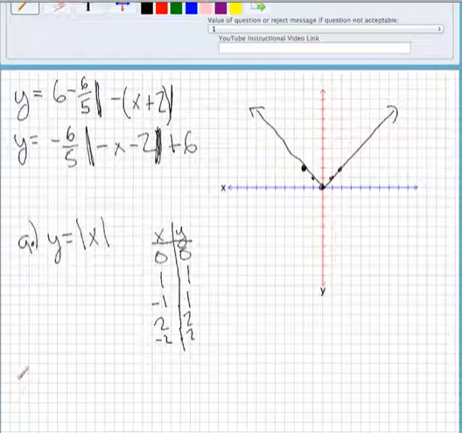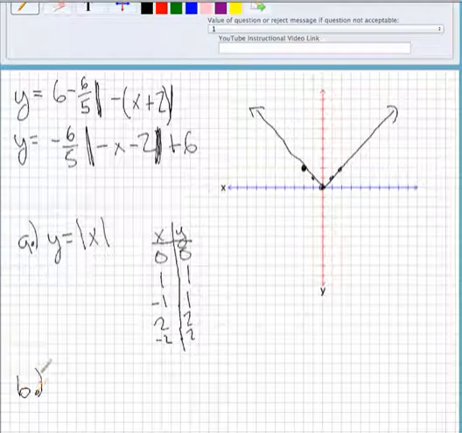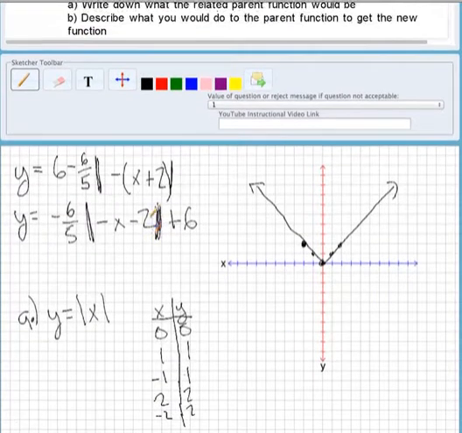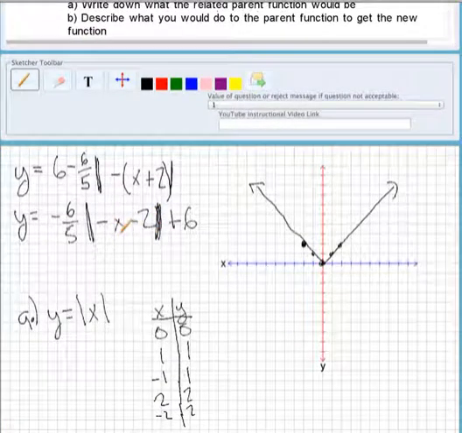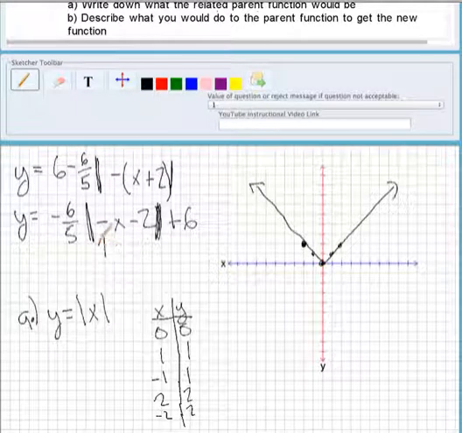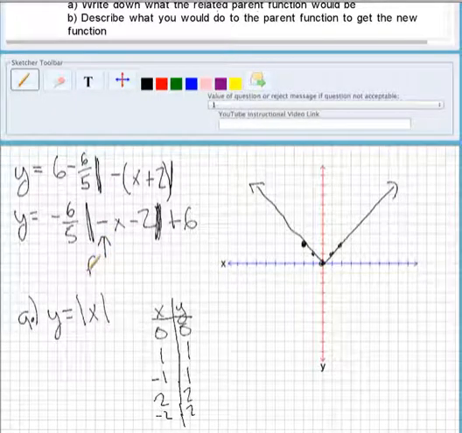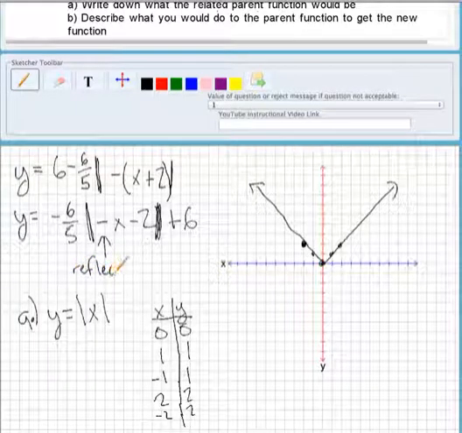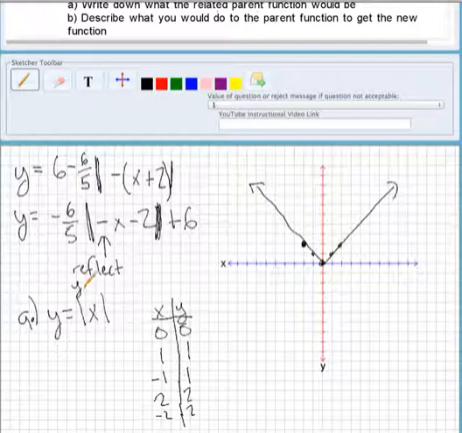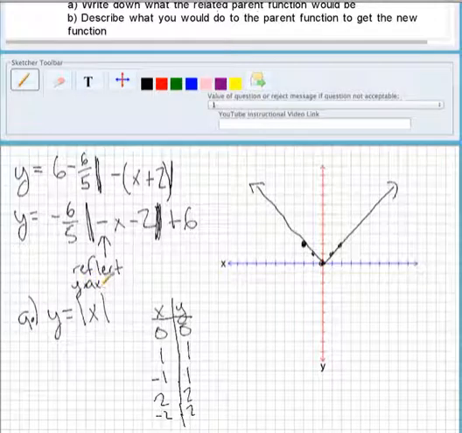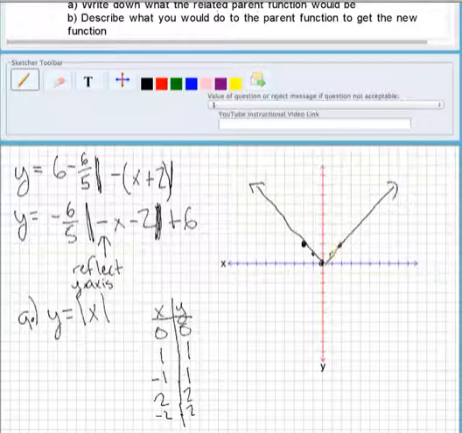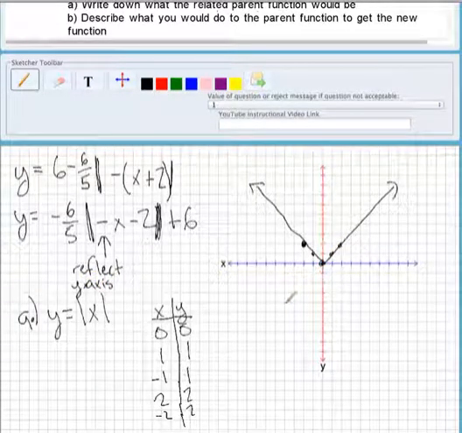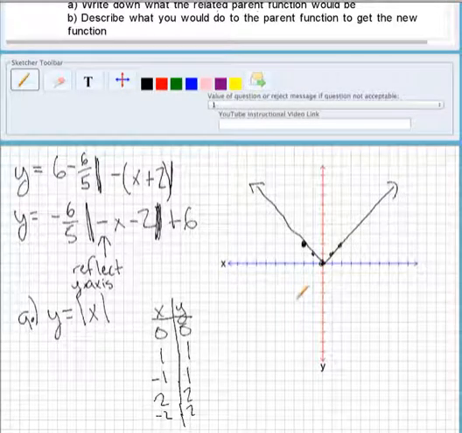So now what we're going to look at is part B. If we follow PEMDAS, we're going to first do the things inside this absolute value. So this negative is actually going to be a reflection over the y-axis, and if we reflect about the y-axis, it's actually going to stay the same.